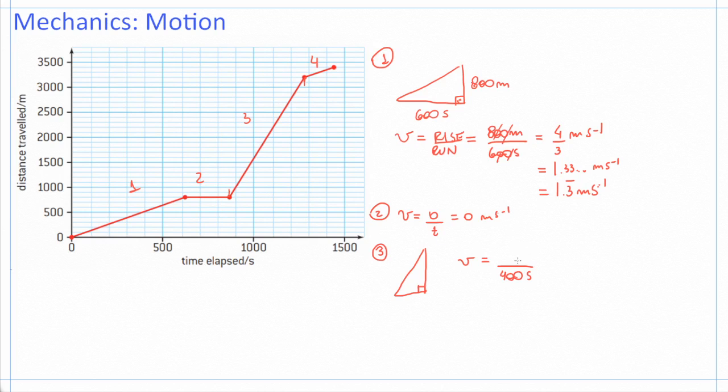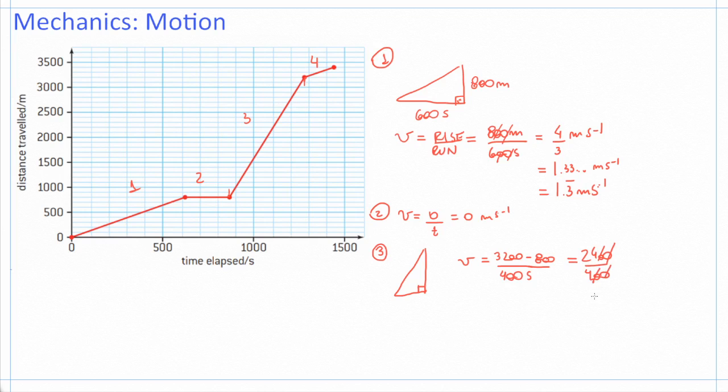And then what would be our rise? We are at 800 here, and we go up to 3,200. So we would have to do 3,200 minus 800. It's the difference, that's exactly what we did here, but mentally. So 3,200 minus 800 would be 2,400 over 400.